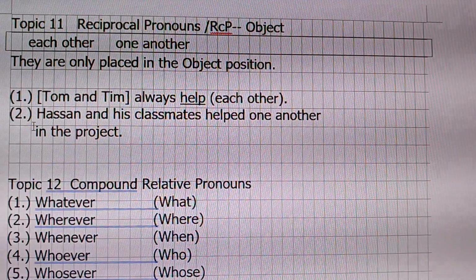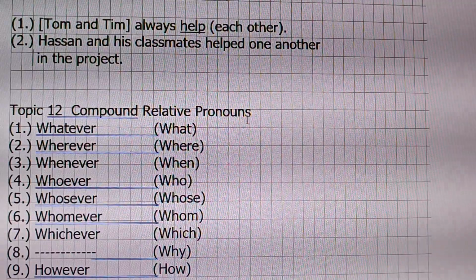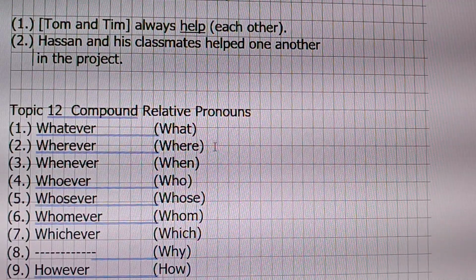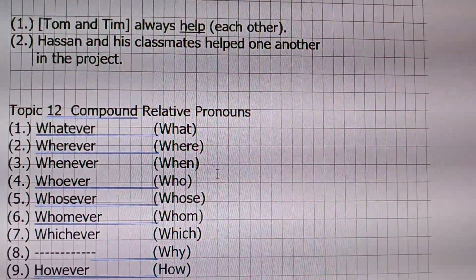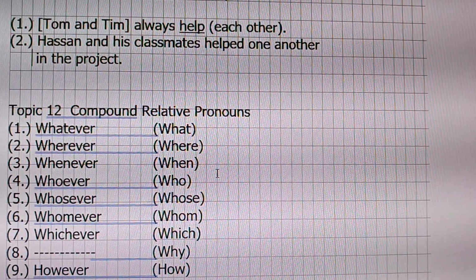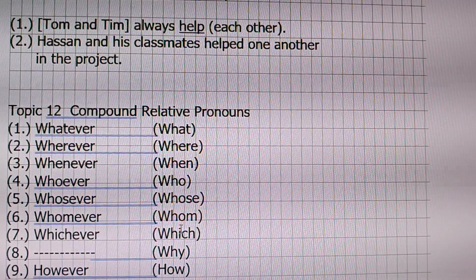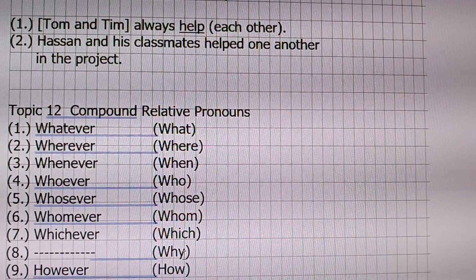Alright, so topic 12, compound relative pronouns. You see, also refer to the 9 word classes. Always based on the 9 word classes, see what compound relative pronouns you can form. What, whatever, where, wherever, when, whenever, who, whoever, whose, whoever, whom, whomever, which, whichever, why, no, don't have.